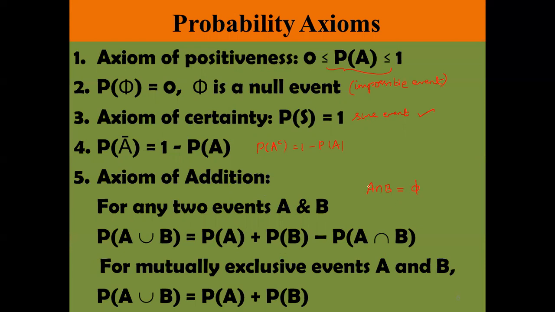That is, there is no outcome which is common to both A and B. In that case, the probability of A intersection B is equal to the probability of phi, which is equal to 0. So for mutually exclusive events, we have P of A union B is equal to P of A plus P of B, where P of A intersection B is equal to 0.